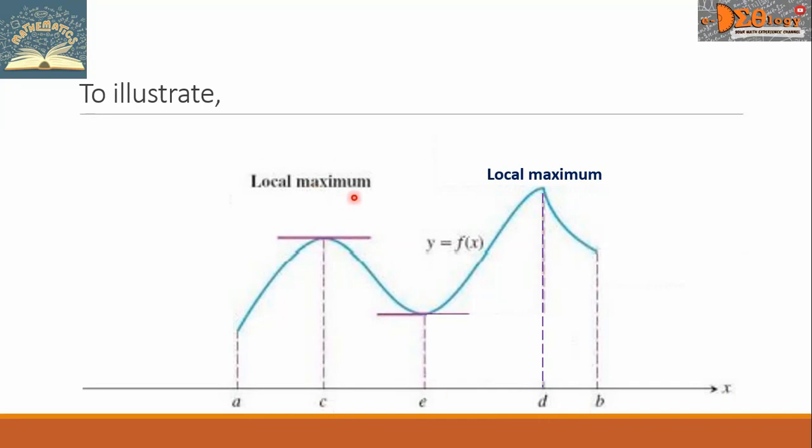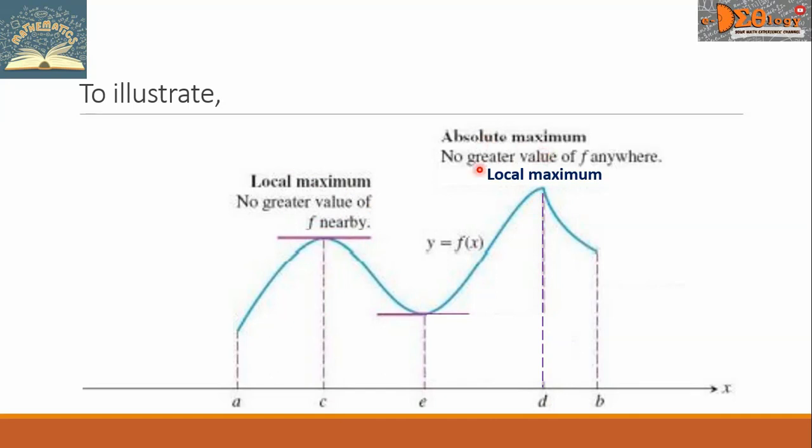In here, we say that this is local maximum because there is no greater value of f nearby. And when x is equal to d, this point here is also called absolute maximum. We say that there is no greater value of f anywhere, or this is the highest point of the graph.